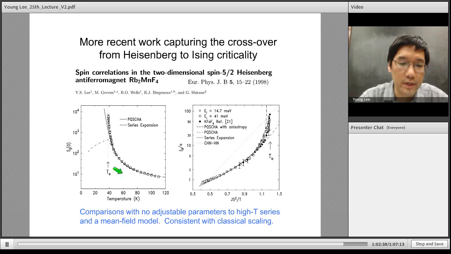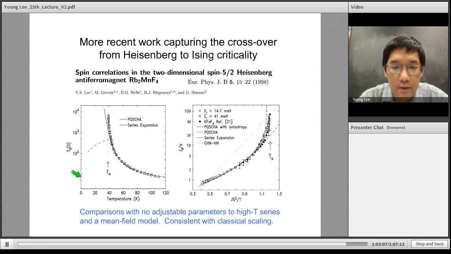So here is how S of Q at the antiferromagnetic wave vector behaves, and you have this upturn. And again, you don't get the divergence in these calculations because what we're looking at is the Heisenberg critical behavior, so that should keep going up all the way down to 0 temperature.